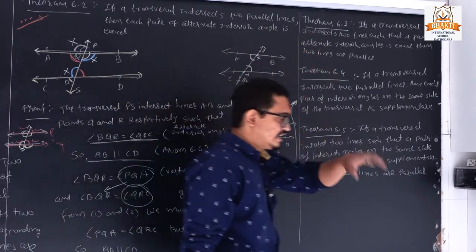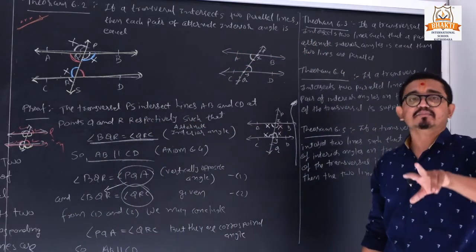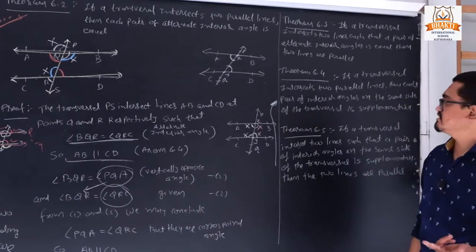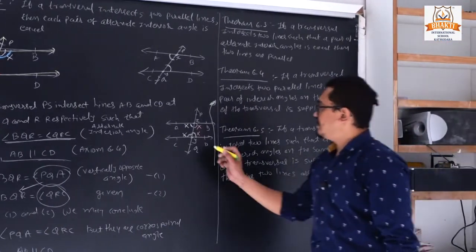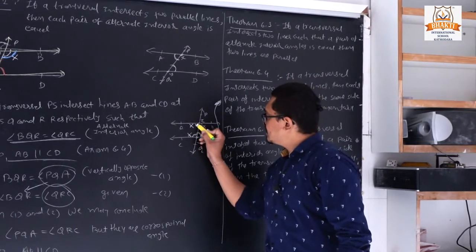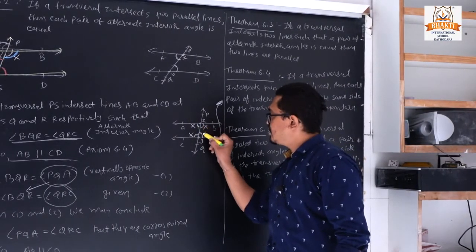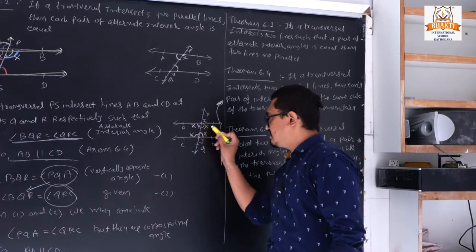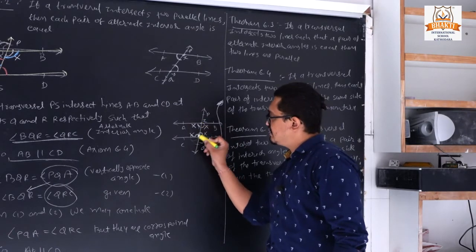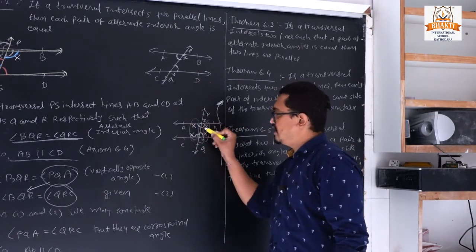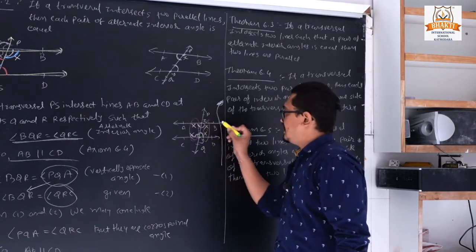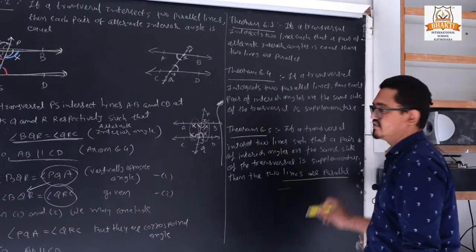Both are related to each other, but the statements are reversed. So if these both are supplementary, the pair of interior angles on the same side of the transversal, then these both lines are parallel to each other.